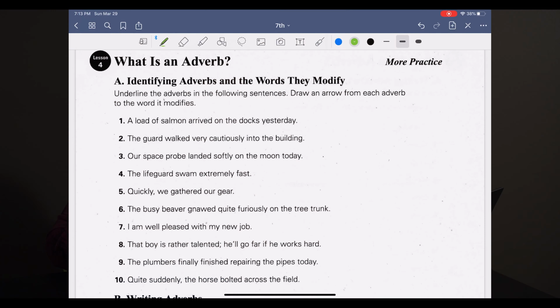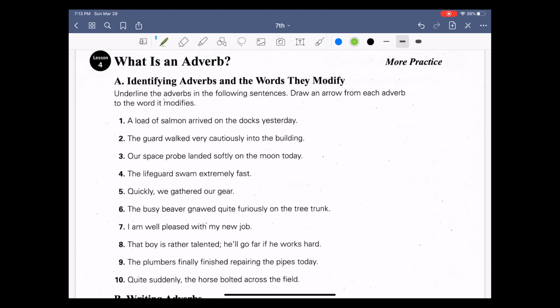On page 113, it tells us identifying adverbs and the words they modify. Underline the adverbs in the following sentences. Draw an arrow from each adverb to the word it modifies. For a second, let's review the questions for adverbs.